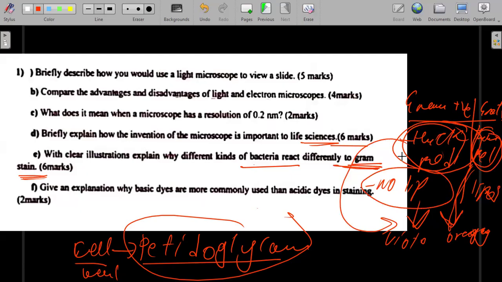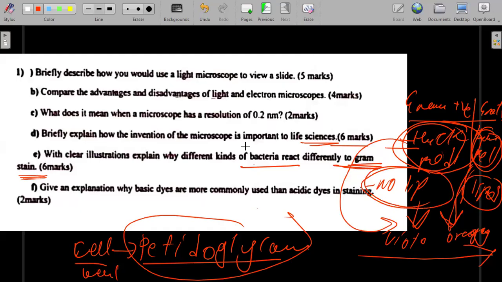You won't get marks without mentioning the thick peptidoglycan and the thin peptidoglycan, and also the lipopolysaccharides and where you are going to find them. With these two, if you even give an example like the way I've given here for crystal violet, you should be able to get full marks there.